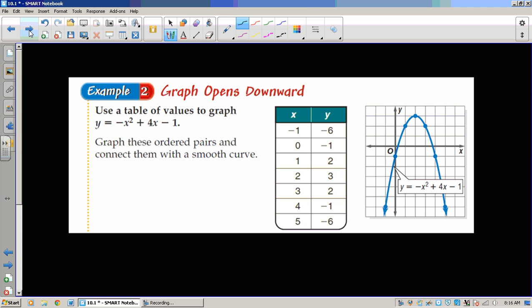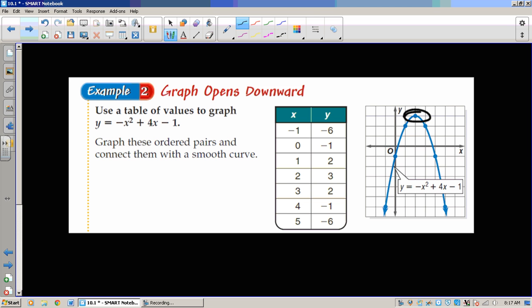All right, moving on. Here, the function y equals negative x squared plus 4x minus 1. Now we could plug and chug here, but it's already done for us. If you did this, you'd notice that this one reaches a maximum. Right here, we've got a maximum value.